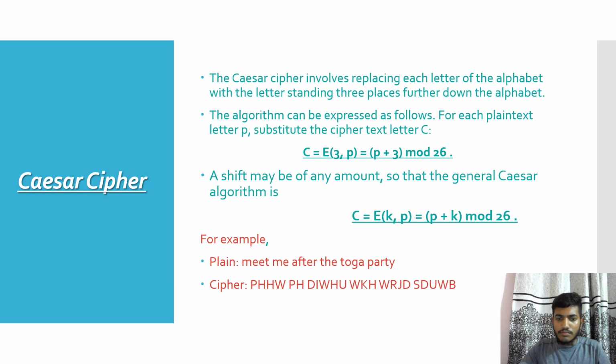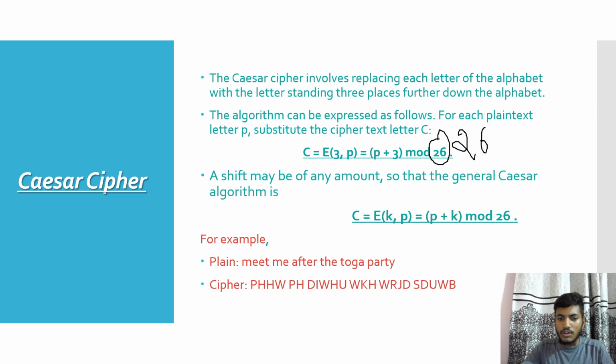The algorithm can be expressed as follows. For each plain text letter P, substitute the ciphertext letter C. C equals E(3, P), that is P plus 3 mod 26. Why are we doing mod 26? Because there are 26 letters in the English alphabet.